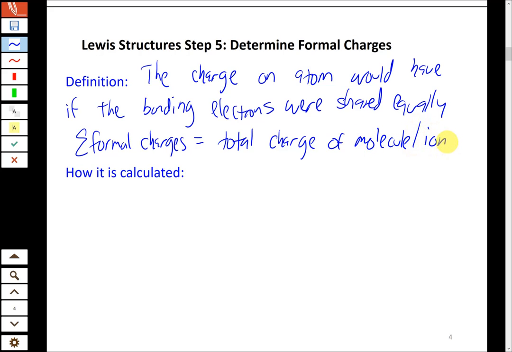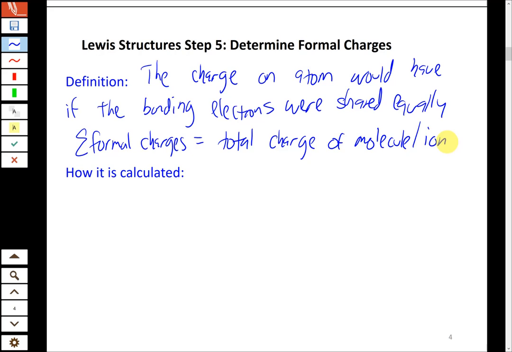If it's an ion with a net charge like NO3-, which has an overall -1 charge, the sum of the formal charges has to be equal to -1. So when you're calculating formal charges, if we ask you to do that, then it's a good way to check yourself. If you calculate the formal charge for every atom in the structure, add them together, that should equal the overall charge for the entire structure, whether it's 0 for a neutral molecule or charged because it's a polyatomic ion.